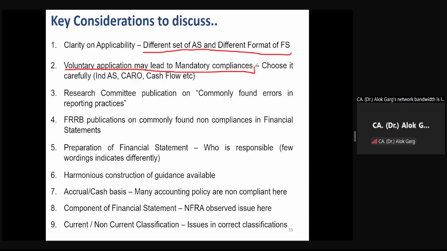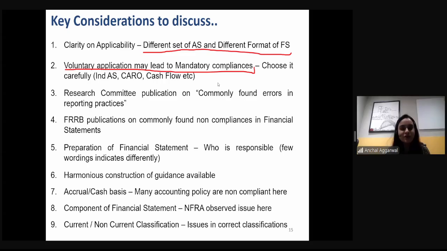So whatever we have prepared, whatever we have disclosed, it is a voluntary application, correct? So if I'm doing some voluntary application, is it on my whims and fancies?